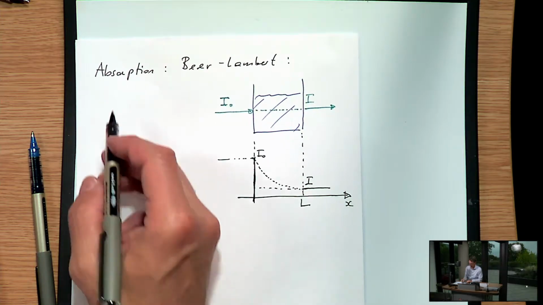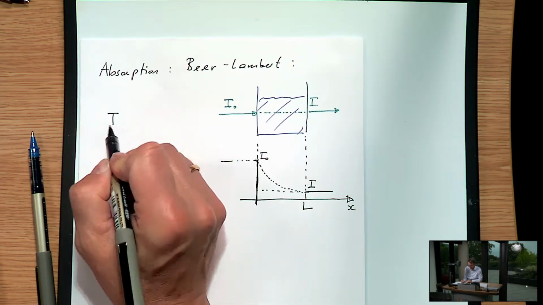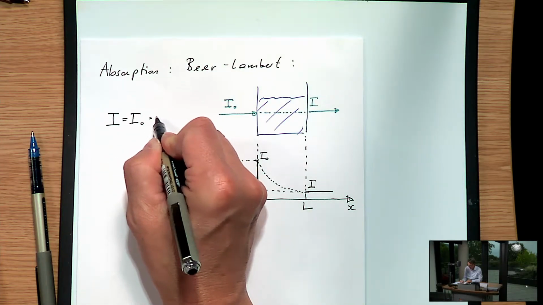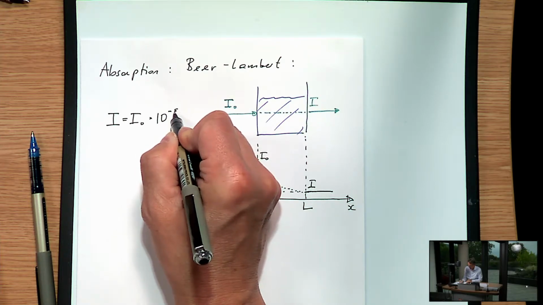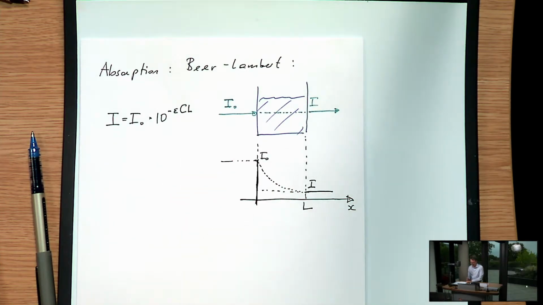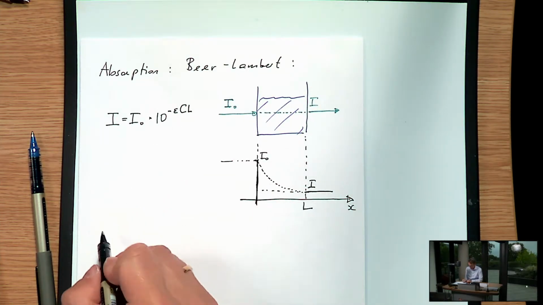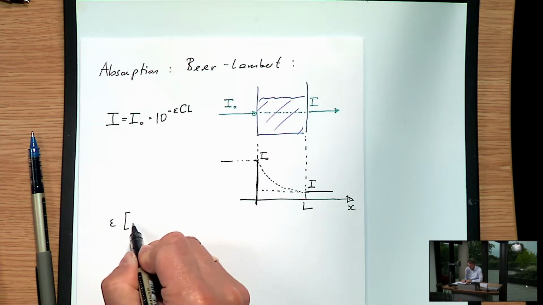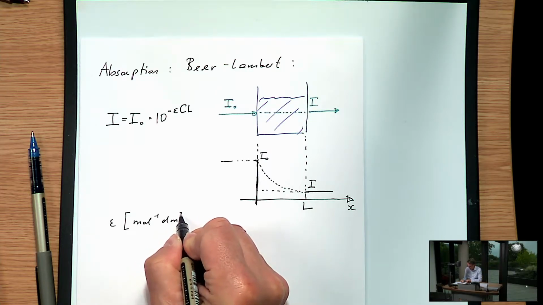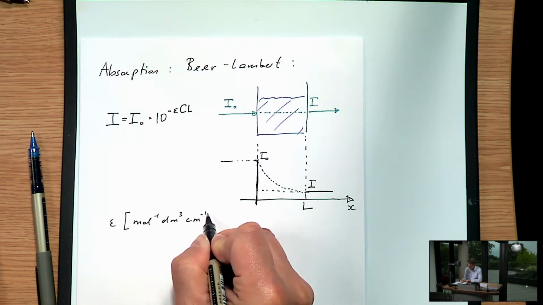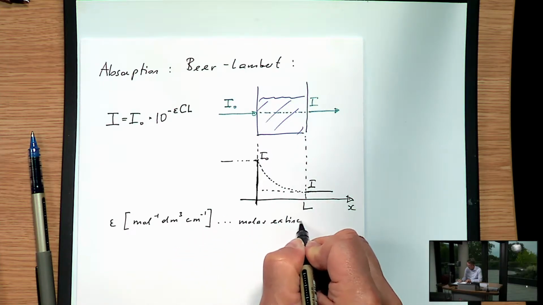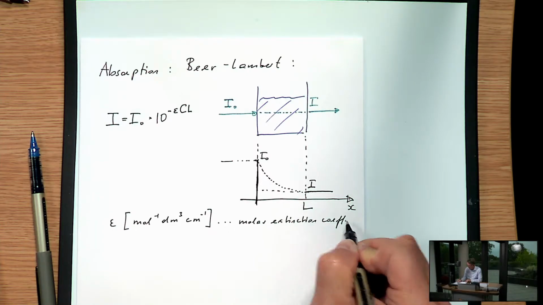And Beer-Lambert's law is that the intensity coming out is given by the intensity going in times 10 to the minus epsilon capital C capital L, where L is the length and epsilon is in units of per mole, cubic decimeter per centimeter, and it is called the molar extinction coefficient.